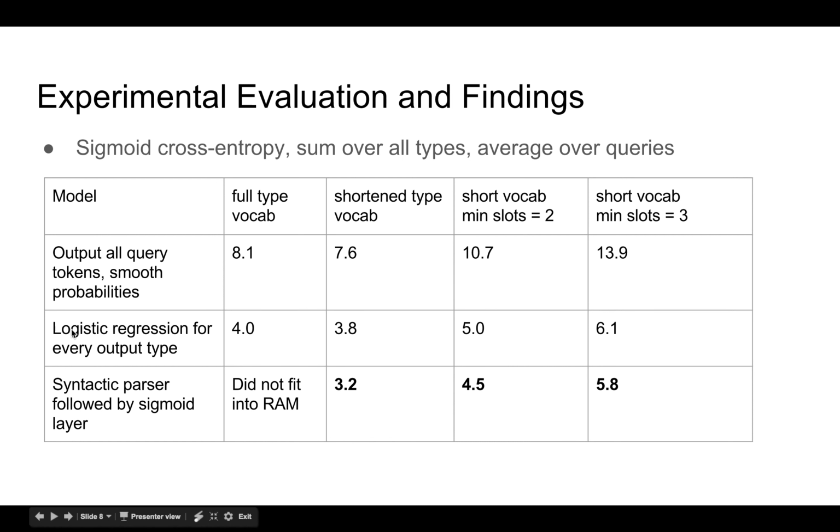The second model uses the same input as the previous one, but runs logistic regression to predict every answer type independently. And then the final model is a syntactic parser, which assigns probabilities to query parse trees and based on that feeds features into the sigmoid layer.